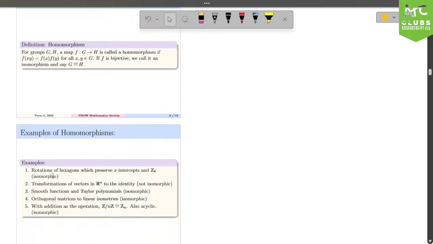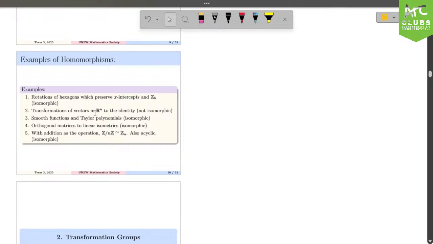Next, rotation of hexagons which preserve the x-intercepts, and Z6. This is a homomorphism. Suppose that we draw a hexagon that looks like this. The only way to turn this hexagon into the same looking hexagon with a rotation is where two vertices touch the x-axis. So notice how all of these rotations would be a multiple of 60 degrees.